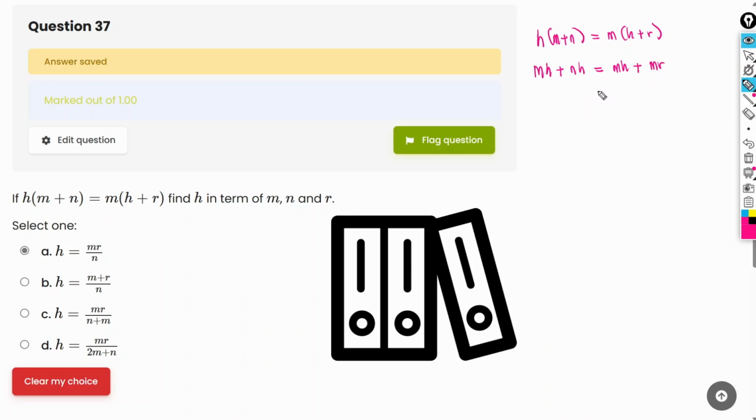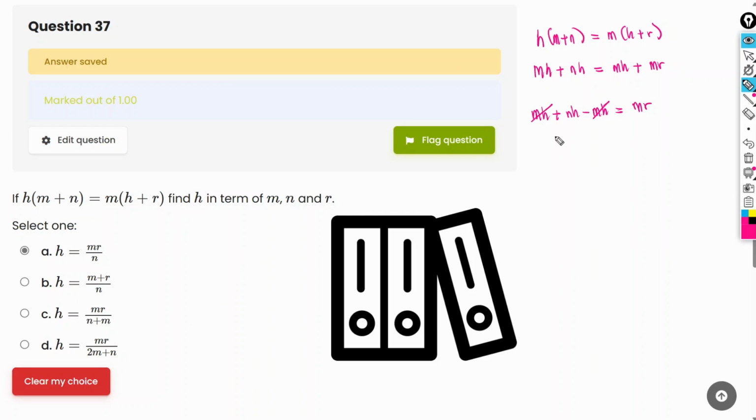Let's collect like terms. Let's drag all the H to one side, because we're trying to make H the subject of the formula. So I'll have MH plus NH minus MH is equal to MR. Just looking at this, we can cancel out MH and MH, because they are the same value, plus and minus.